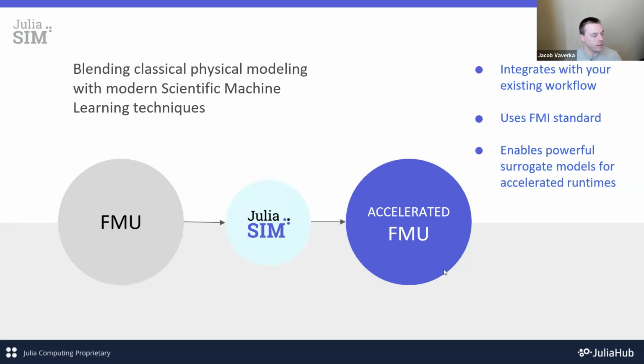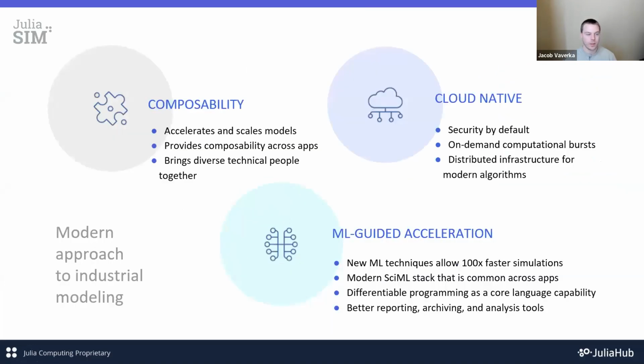So remember that when this is all done, what you're going to wind up with is another FMU that you can use just like your original model, so it fits right in with your workflow. And so all of this is made possible in leveraging the JuliaHub, the ecosystem from Julia Computing.